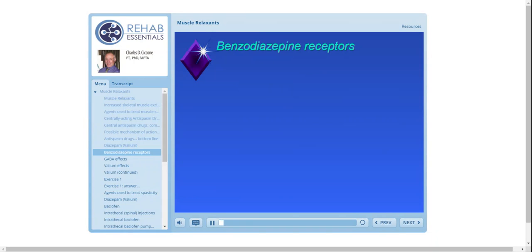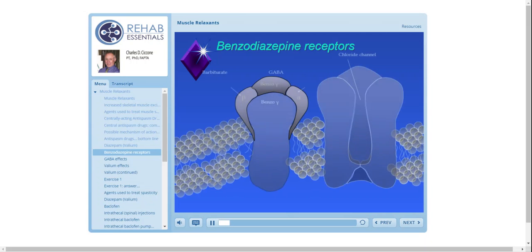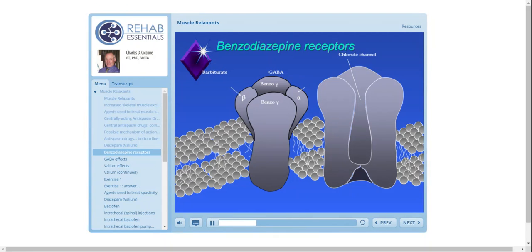So we're going to take a look now at a schematic representation of the benzodiazepine receptor. And what you're looking at is the phospholipid bilayer in a neuron somewhere in the central nervous system. Embedded in this phospholipid bilayer is this large protein, the benzodiazepine receptor.